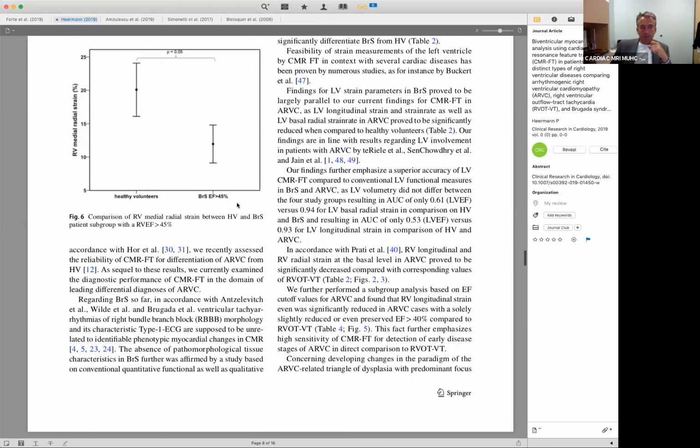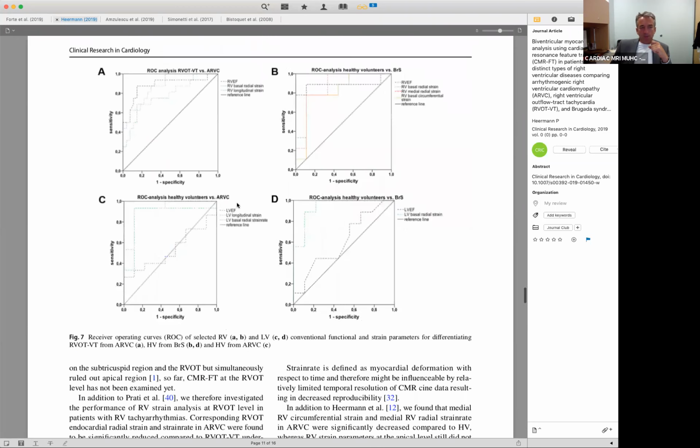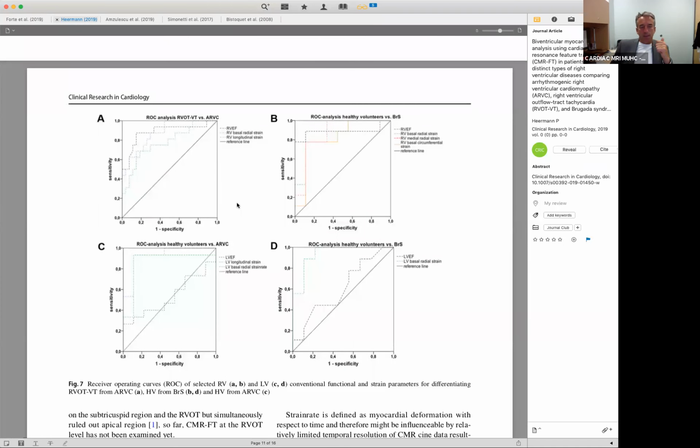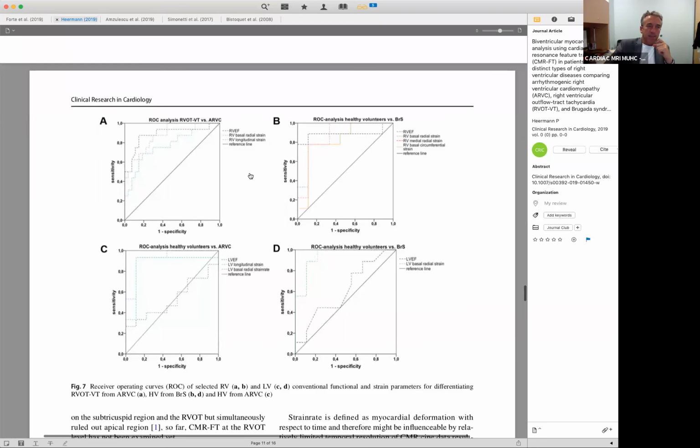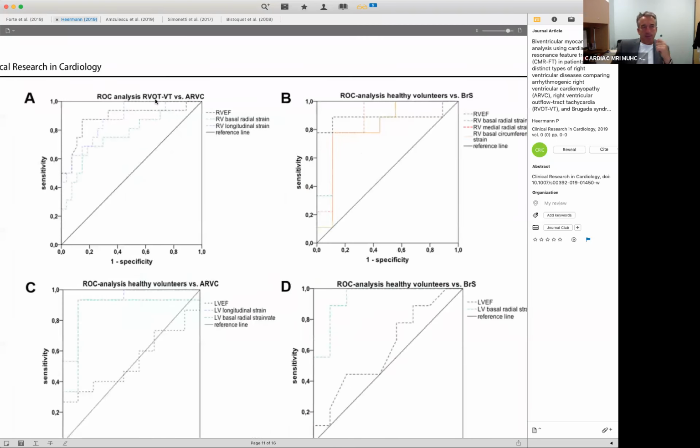And then when it comes to receiver-operated curves, to differentiate RVOT tachycardia from ARVC and also healthy from Brugada and healthy from ARVC, we see that ejection fraction, that's in gray, actually performs very well between ARVC and RVOT tachycardia.